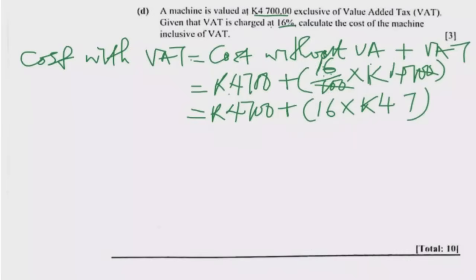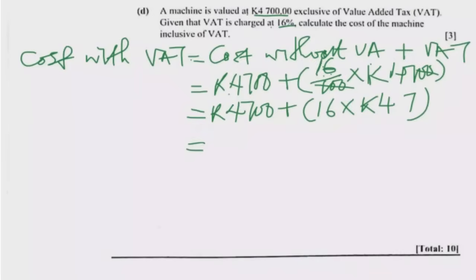Here, on 16 over 100 we have cancelled 2 zeros, and on that side we have cancelled 2 zeros. So that means we have 16 over 1, and 16 into 1 gave us 16, which I wrote here. 47 we multiply because that's what is remaining there.